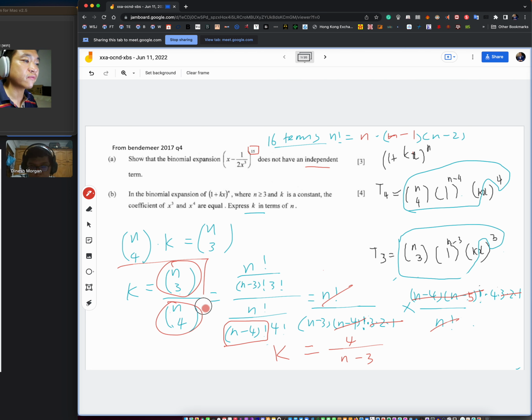But this is definitely the approach to do this question. Okay, good. So that's it. 7 marks. Okay. So with this, then we have completed this binomial expansion chapter.